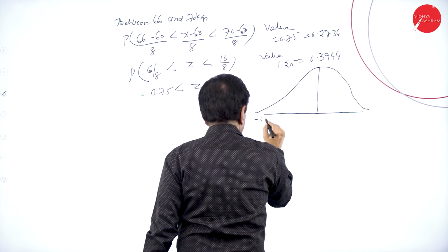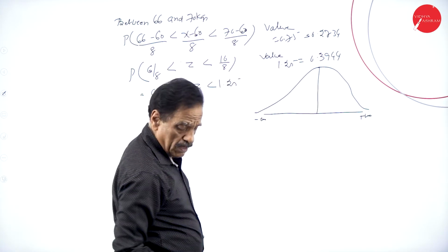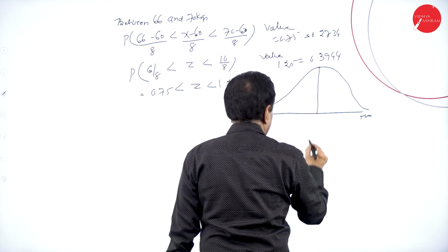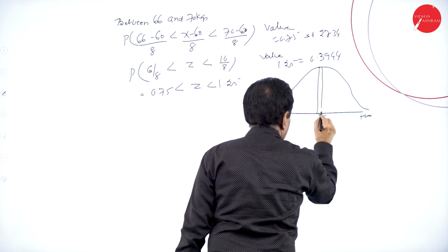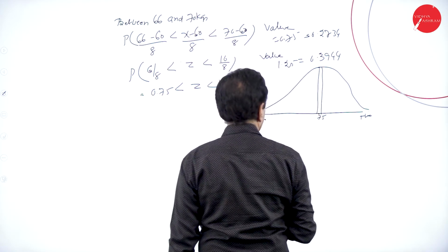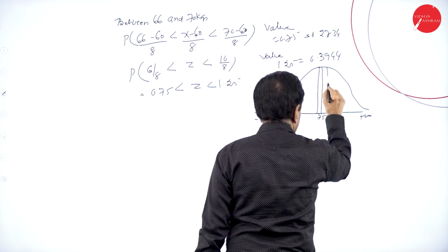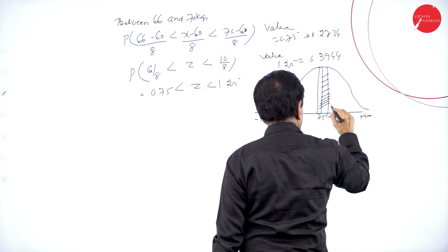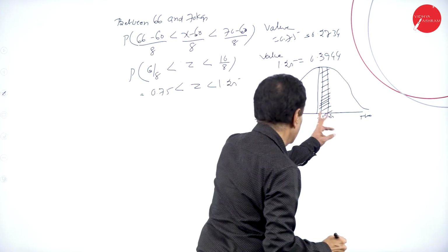This is minus infinity, this is positive infinity. Where does the first one occur? 0.75. Where does the next occur? 1.25. So both will come here now.